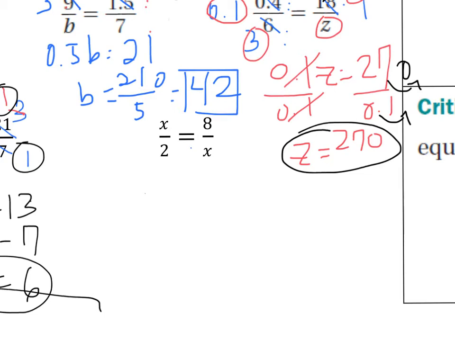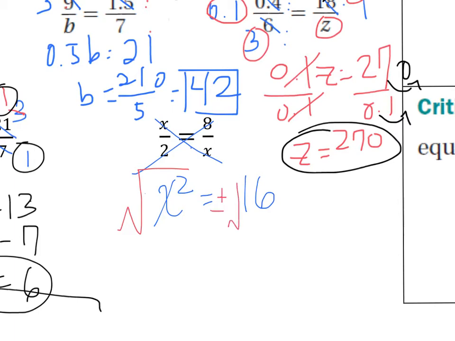Okay, so I can go ahead and just do cross product property. x times x is x squared. 2 times 8 is 16. Okay, and then I'm going to take the square root. Oh, this is something new. Square root. Positive, negative, square root, so I could cancel. Positive, negative 4.